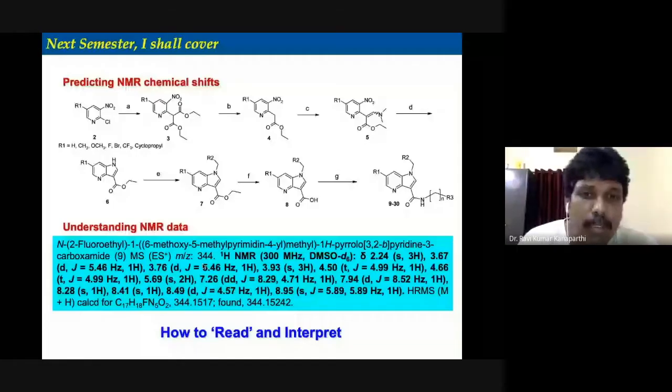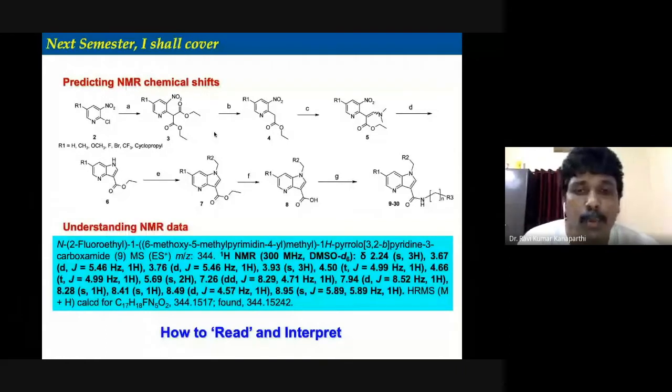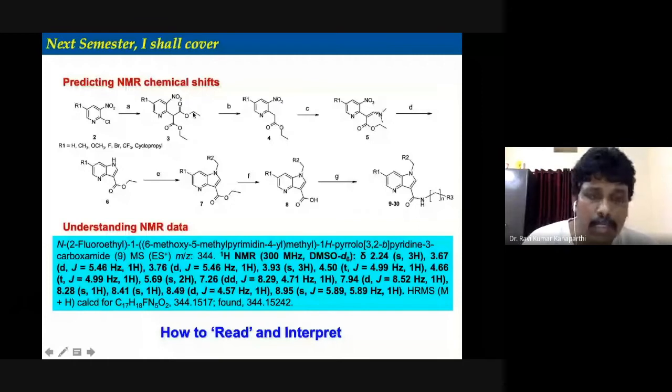So in that aspect, we need to know what the chemical shift values would be, or what the NMR spectrum of the molecule which has formed would be. Unless you have a rough estimate, you can't interpret the data that you got. So if you have a structure, how do you interpret the data you have got? That is one concept that we will be learning ultimately after going through all the basics.